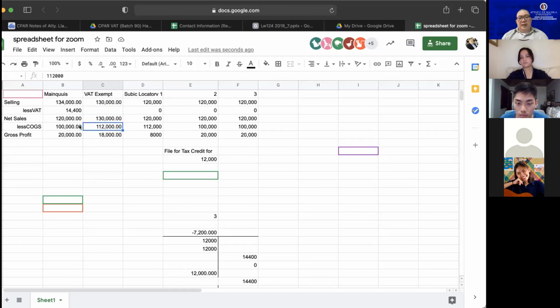Pero yung cost of sales niya, di ba 100 lang dapat based on the way I taught you last Tuesday? Tama? Pero because this is a VAT exempt transaction, the cost is 112. Wala siyang option to get the tax credit. Wala siyang option to use the amount as their VAT input. Okay? You understand?